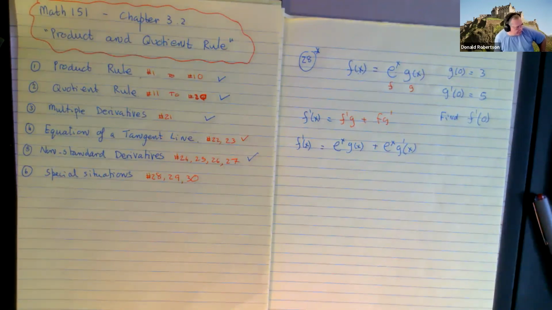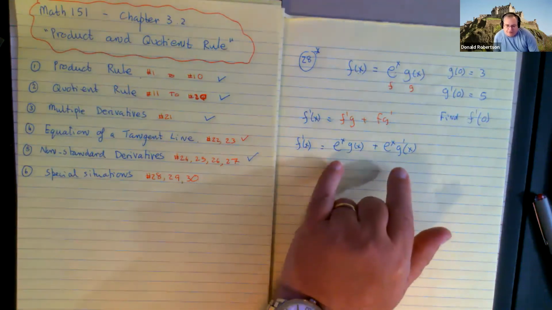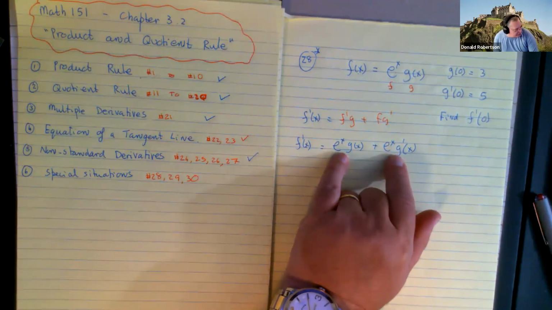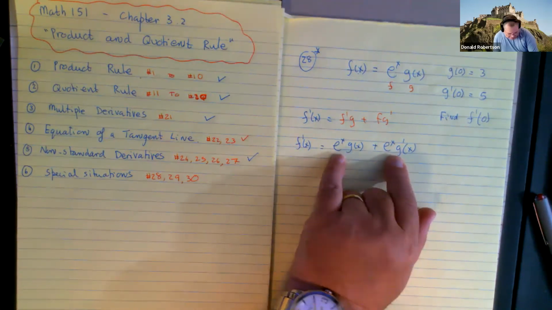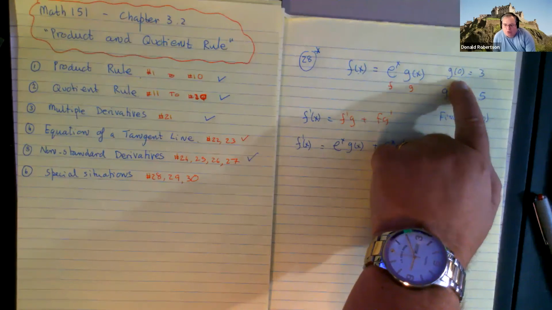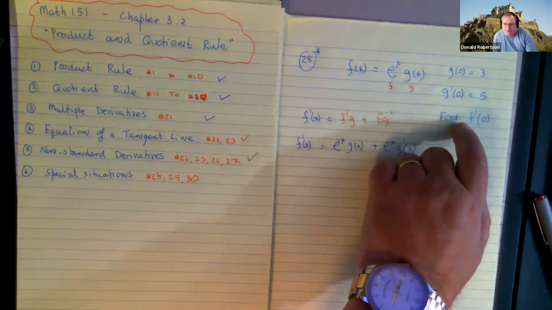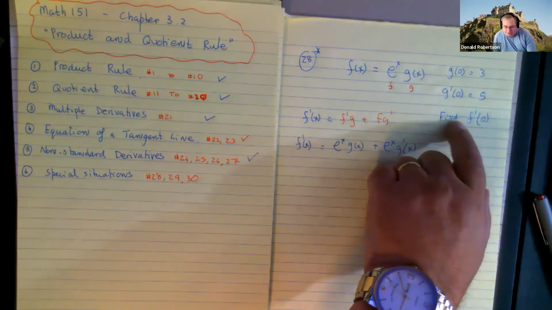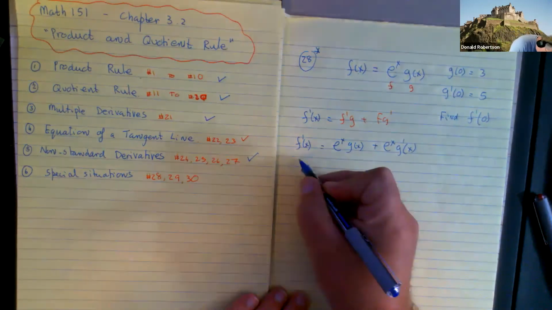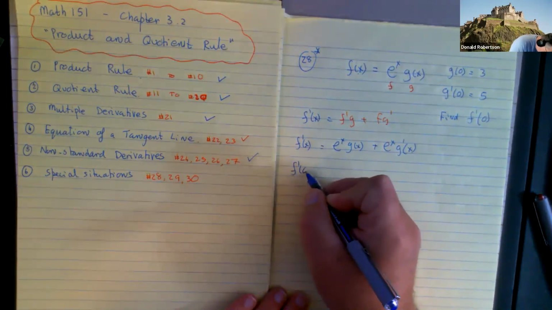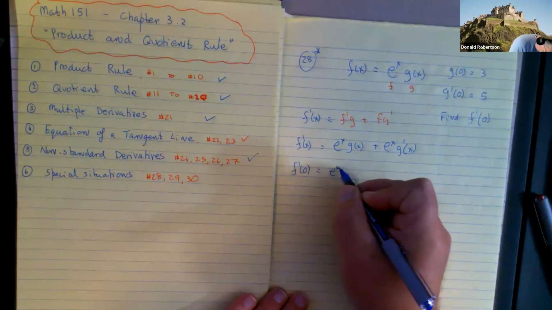Well, this is not your typical find the derivative, writing the answer as some function of x. Have you noticed that this answer has g and g dashed of x in it? And they told us over here what the values of those are at 0. And they've also said, I'd like to find f dashed of 0. So if I make x 0, then shouldn't this be true?